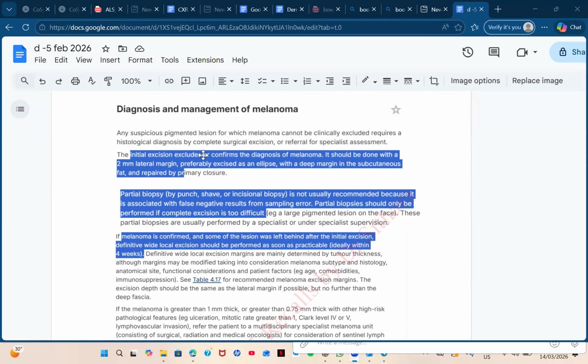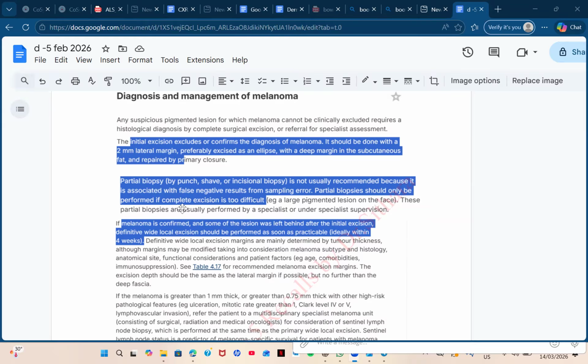Because of that, we have to do the initial excision with a 2 millimeter lateral margin. Where is the 2 millimeter lateral margin, doctors? You have to mention it, right? The initial one is initial excision with 2 millimeter lateral margin. After that, here they have mentioned something. Partial biopsy by punch, shave, or incision is not usually recommended, as it is associated with false negativity.